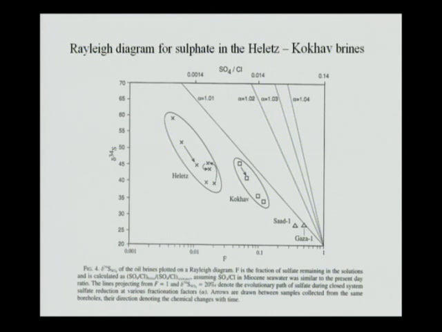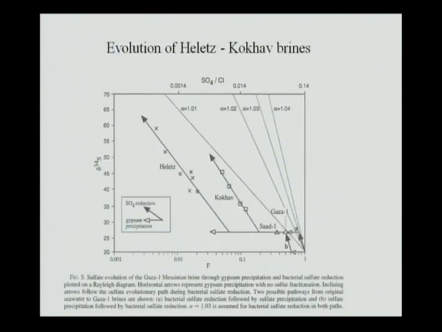Now if we take it one step further, here is the interpretation. One can express the fraction remaining also as a change of sulfate to chloride. Sulfate is being reduced, chloride is constant.